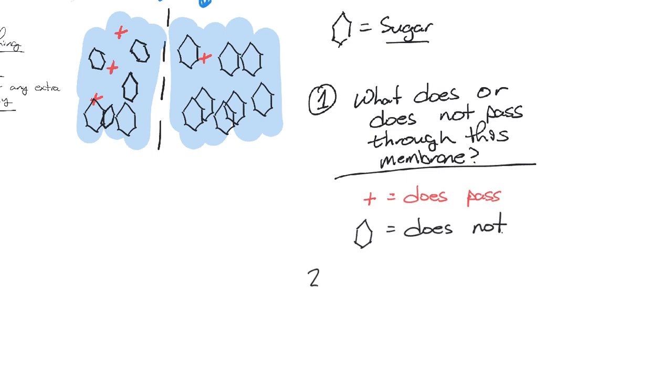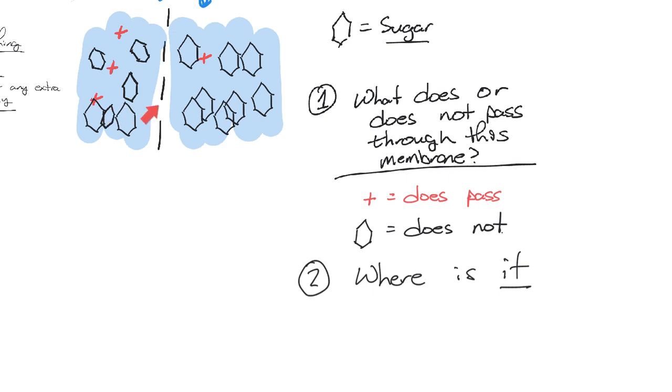Two, the next question you have to ask yourself is where is the stuff that can pass. Do you care about the stuff that can't pass? Not really, because it can't pass. Whatever it is, if this side's high and this side's low, it doesn't matter because it's not going to be able to get through the membrane, right?